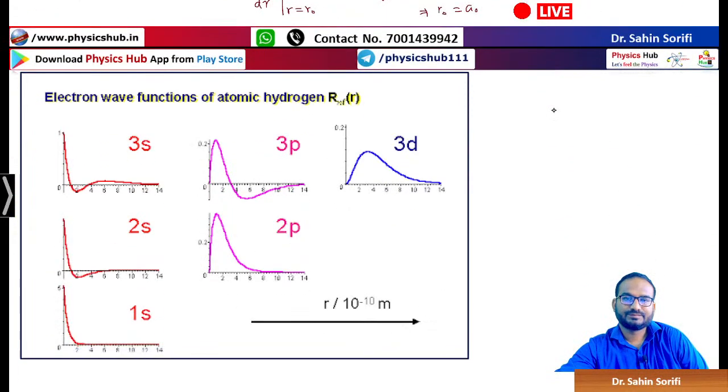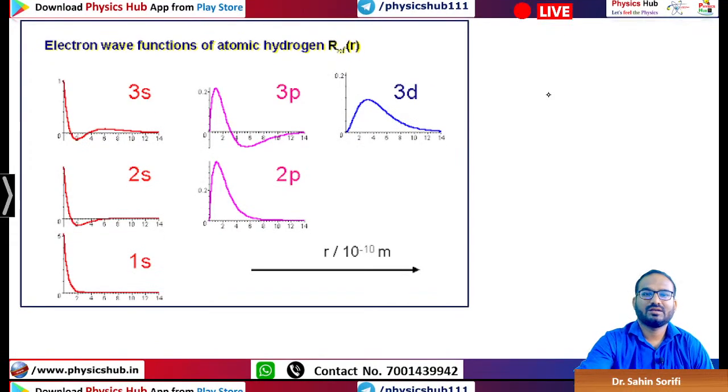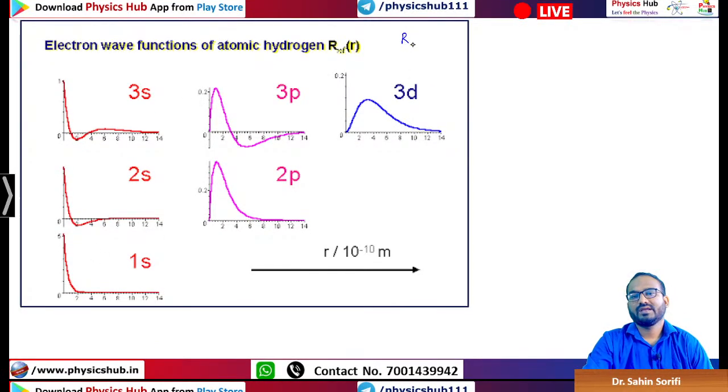Now, the different electron wave functions of atomic hydrogen, RNL of r. Remember this one. When I am plotting 3s, what does it mean if you decode 3s?